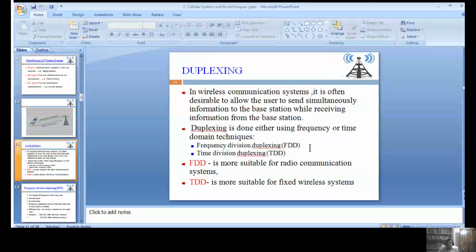What do you mean by forward channel? Forward is a signal coming from the base station to the mobile station. What is meant by reverse channel? Mobile station to base station. These are the set of frequencies fixed for one user. This is the main drawback of FDD. FDD means the set of frequencies is fixed for a particular user. In future, that frequency is not useful for anyone else.